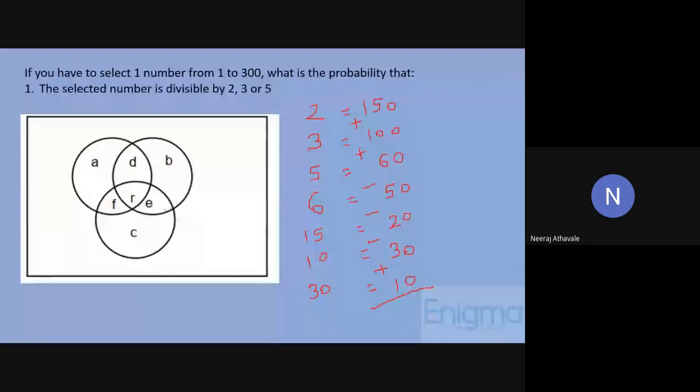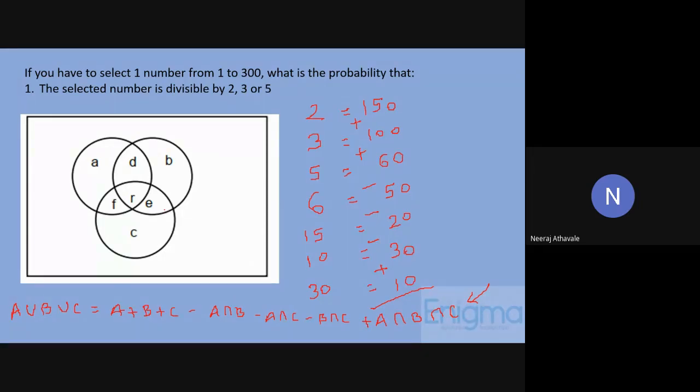Now how do we get this? The concept is A union B union C is equal to A plus B plus C minus A intersection B minus A intersection C minus B intersection C plus A intersection B intersection C. So by using this concept of set theory, we can get the answer as well.